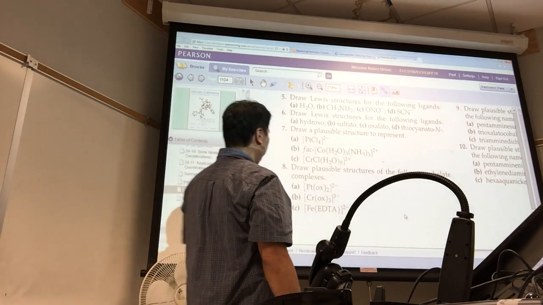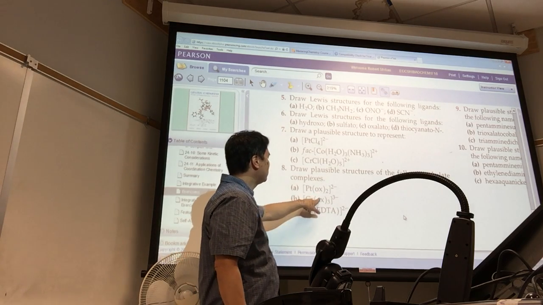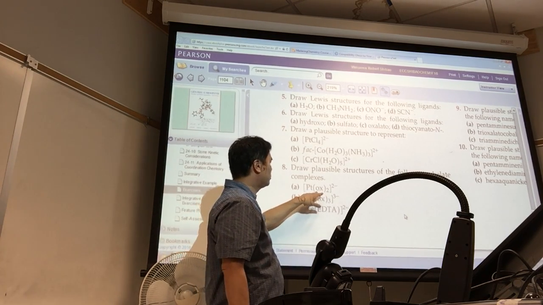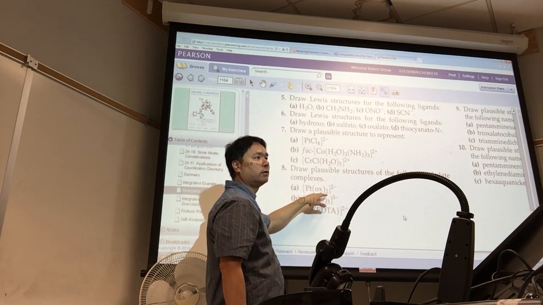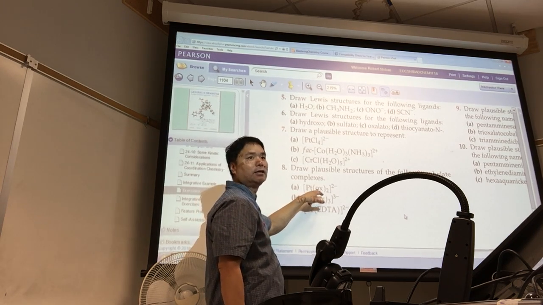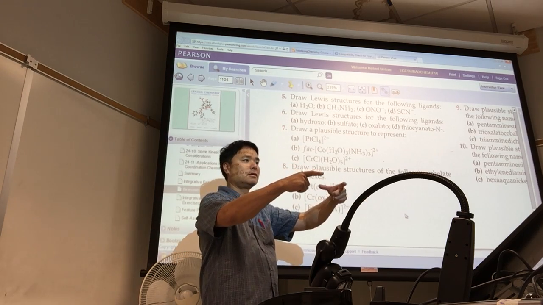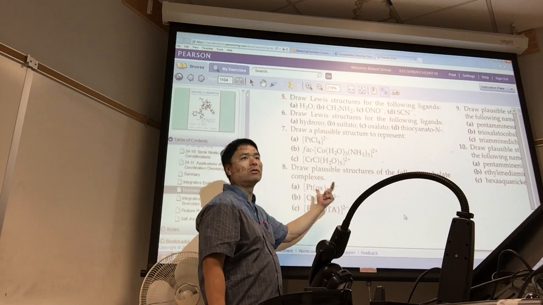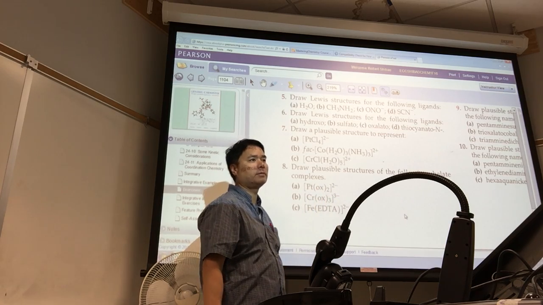And so these being chelating agents, is this a linear, coordination number 2? No, actually this is square planar. This is a coordination number 4 because we have 2 bidentate ligands attached to it. There are actually 4 atoms bonded to platinum, but only 2 molecules bonded to platinum.